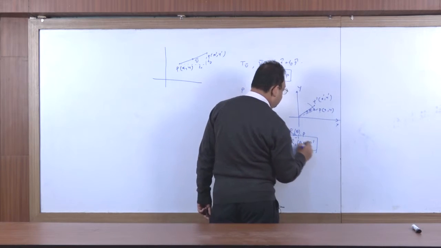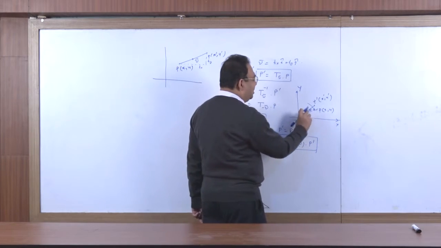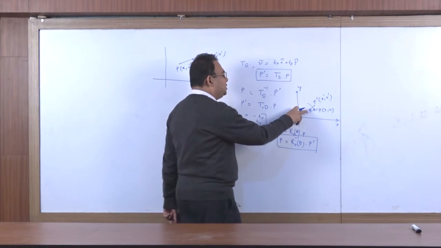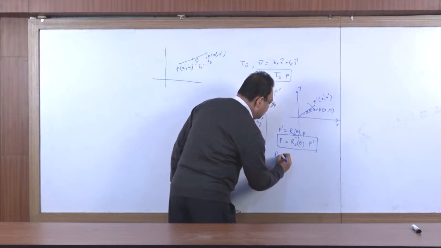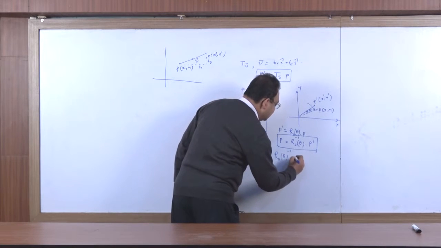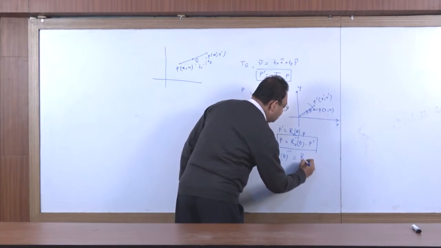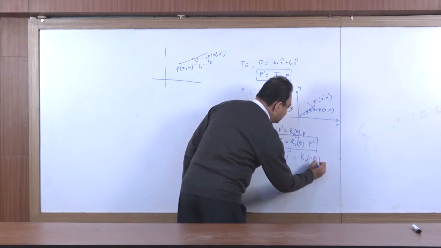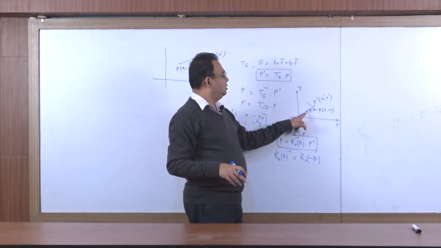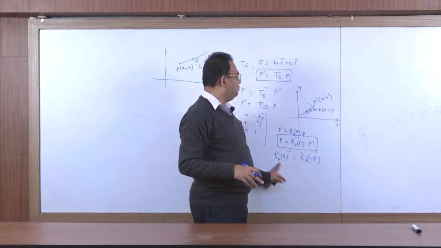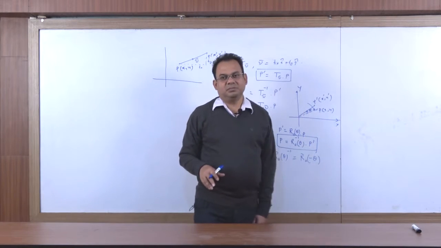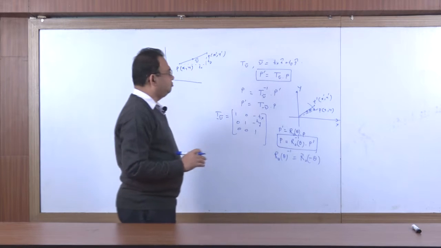Now how will this be obtained? This is nothing but rotation opposite to the earlier rotation. So we can say that the inverse of rotation through an angle theta is nothing but rotation with respect to origin through an angle minus theta. So if you rotate opposite to the earlier direction, then we will get the same effect as the inverse of this rotation. So this is the inverse rotation.